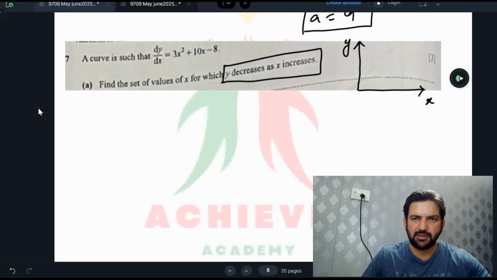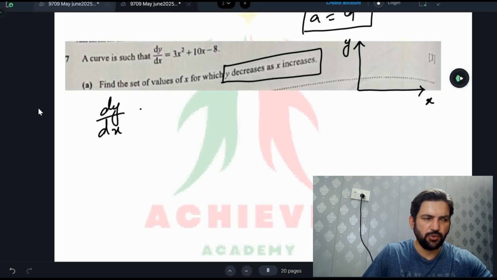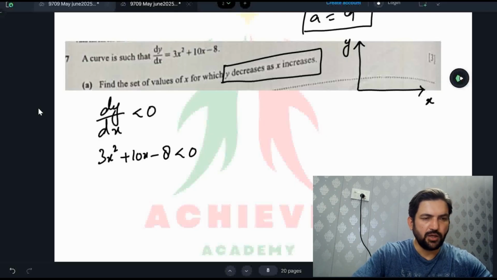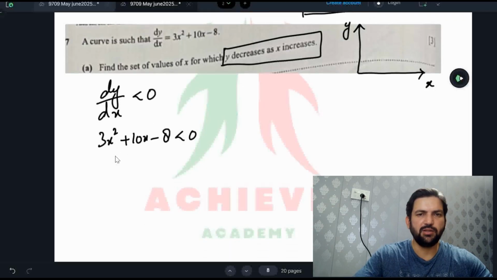This line means basically the change in y, dy by dx, is less than 0. Now this is a question of quadratic inequalities. So just take it as a simple quadratic inequalities question.